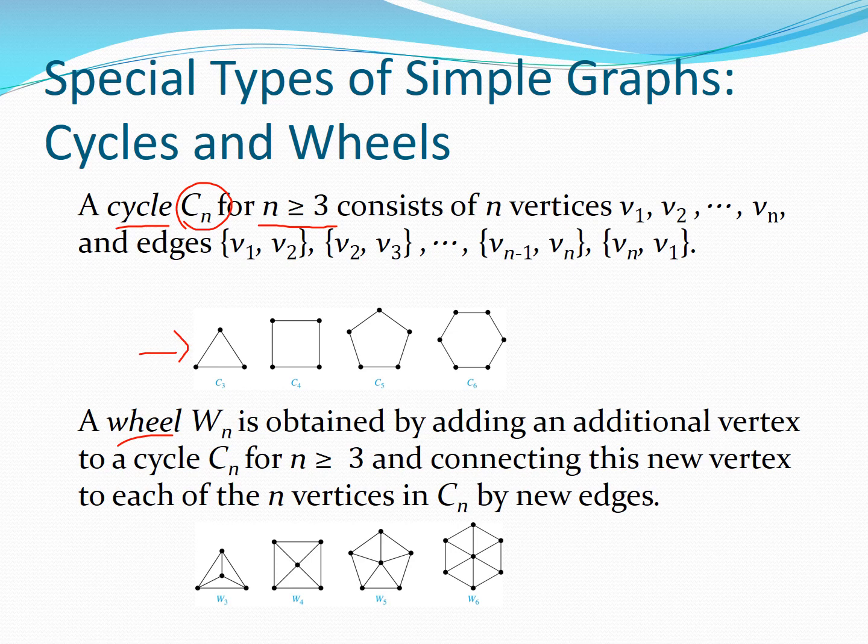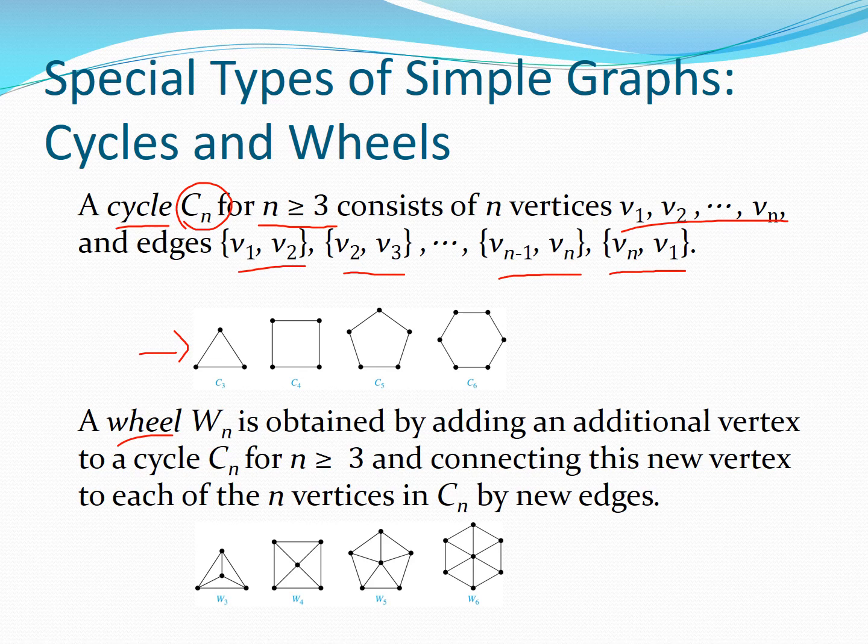So you have 3 vertices, V1, V2, V3. What is the special property of a cycle? If you have vertices V1, V2, and so on till Vn, then there has to be an edge between every 2 adjacently listed vertices. So from V1 to V2, V2 to V3, V(n-1) to Vn, and finally from the last vertex to the very first vertex, Vn to V1 as well.